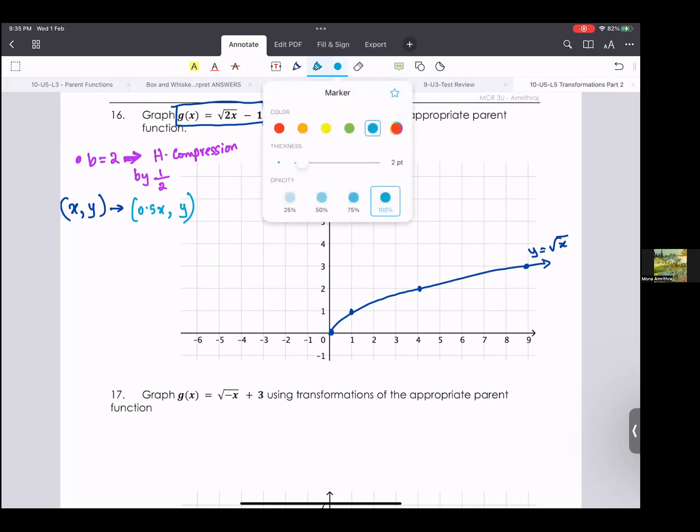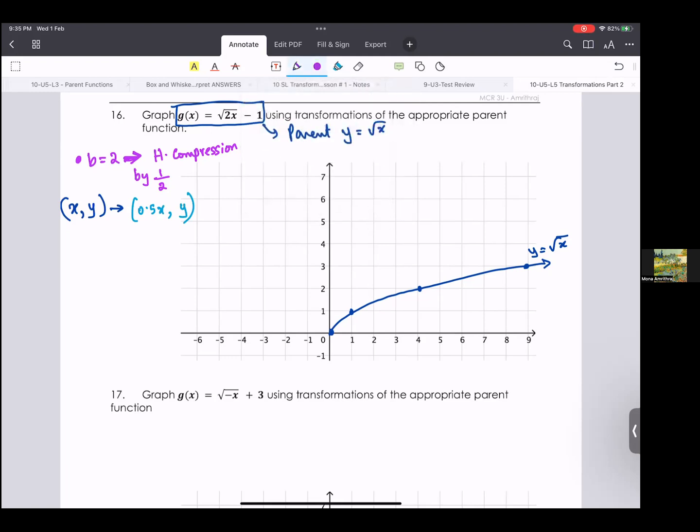There's more than one transformation going on here. The second one is a vertical translation, because the second operation is not happening on the x. If I had something like this, it would not be vertical. But if I had something like this, that is vertical.